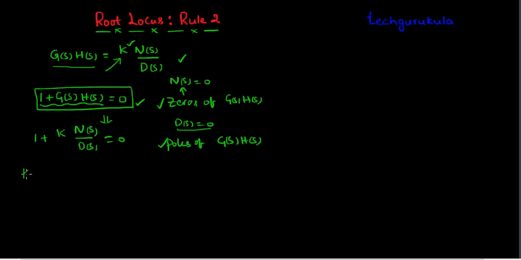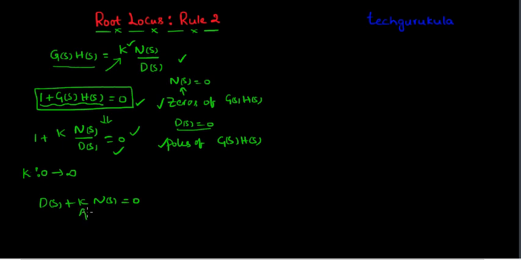Now we are going to change k from 0 to infinity and see how the roots of this characteristic equation are going to change. When k equals 0, we can rewrite this characteristic equation as D(s) plus k times N(s) equals 0, right?